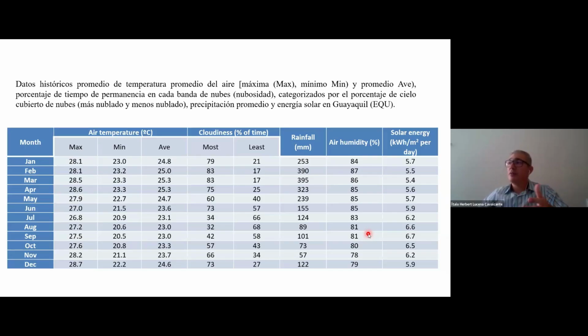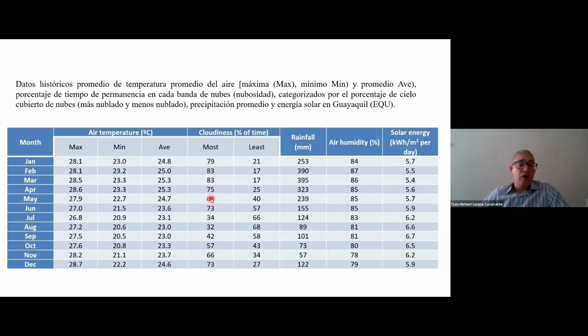A few things really stood out for me here. For example, look at what we're seeing here: the cloudiness percentage of time. The highest level of cloudiness as a function of time. We can see here that during this part of the year, the percentage of time where cloudiness was much higher was extensive.